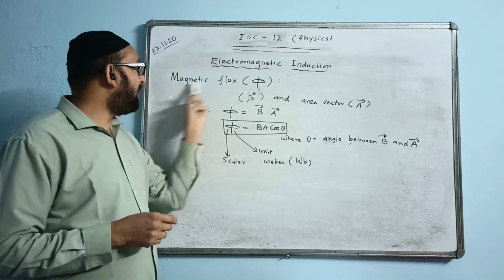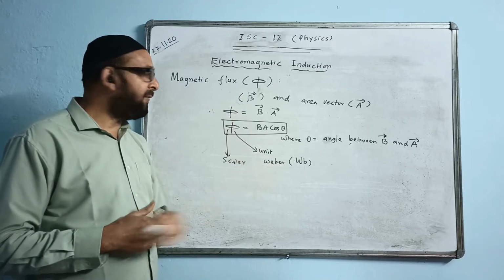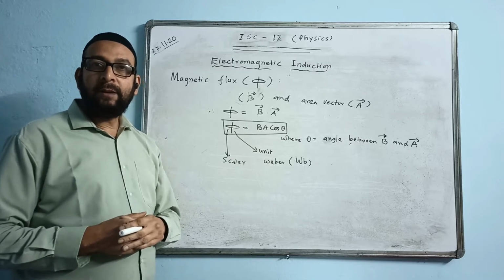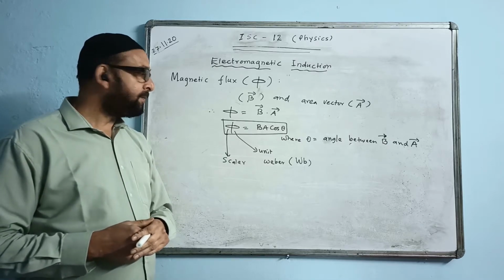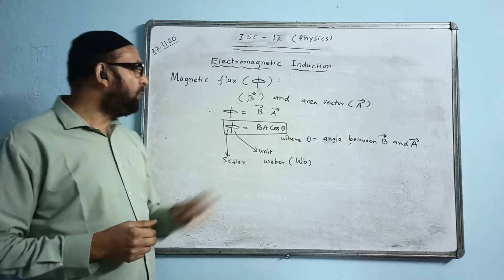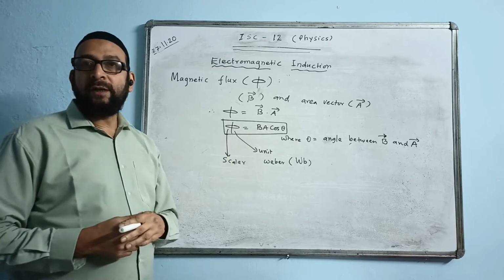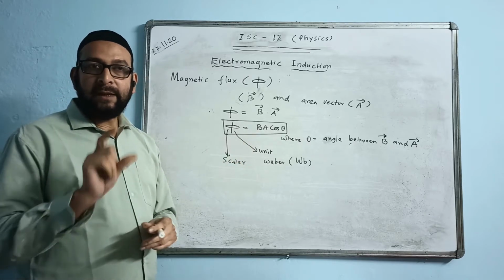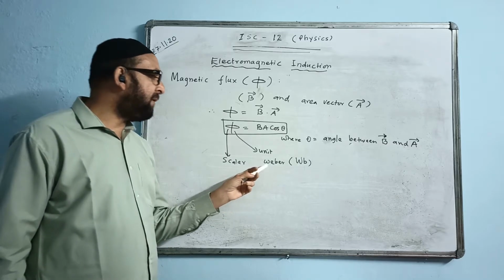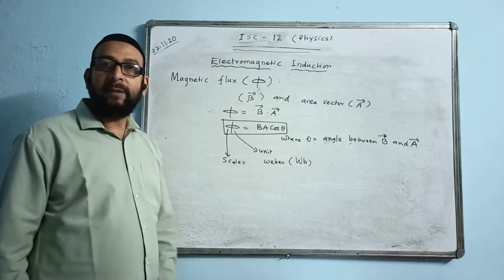But the SI unit of magnetic flux is Weber. Though we can write Tesla meter square also, T-m square, that is only in short abbreviated as Weber and denoted by WB.